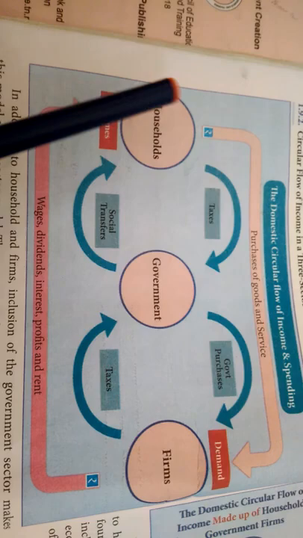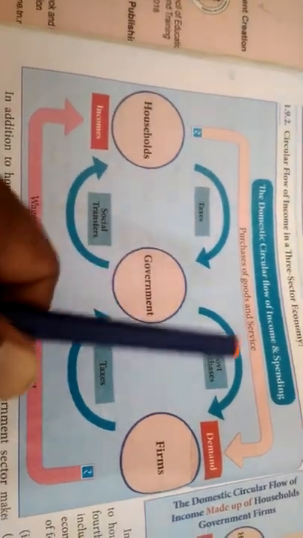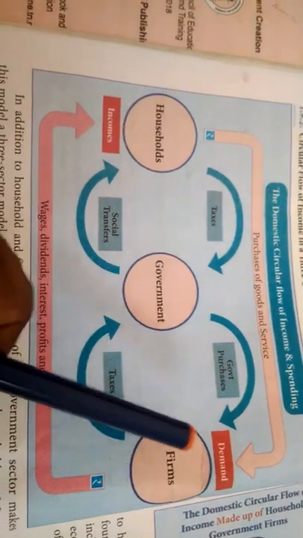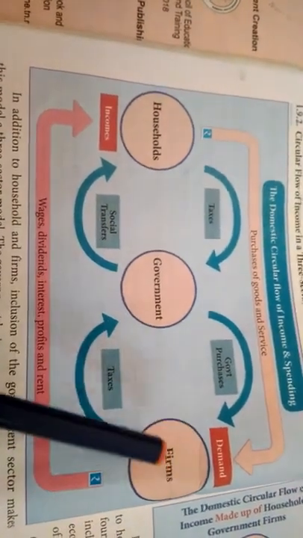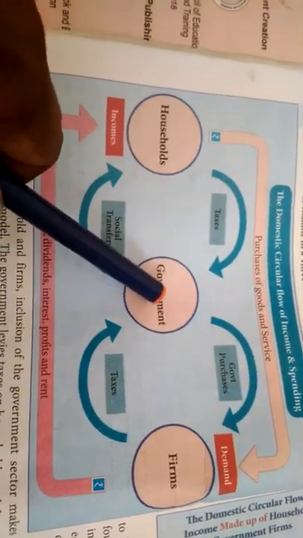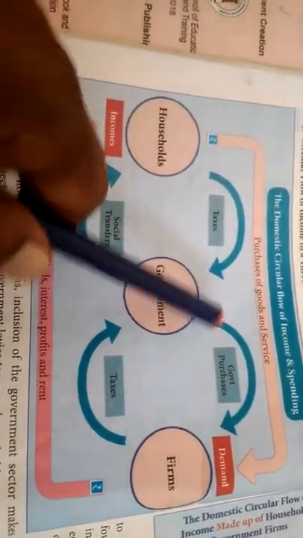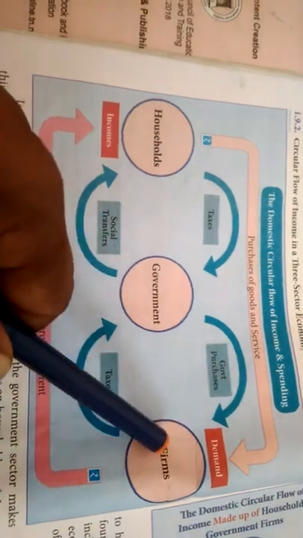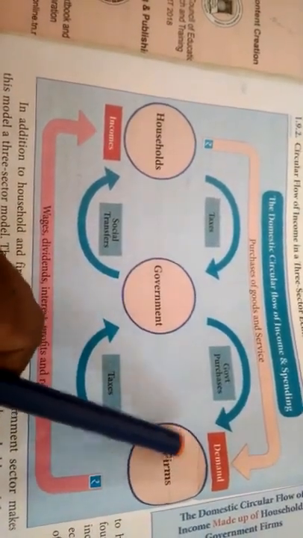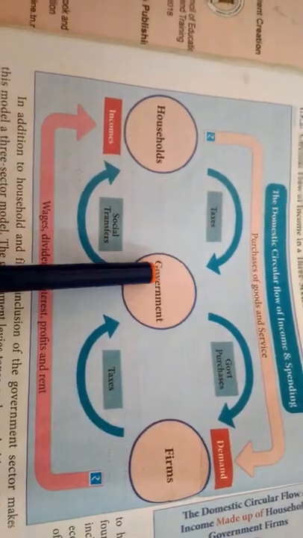Like the household sector, the government also needs to purchase the commodities produced by the farms. For that, the farms also pay some taxes to the government. When the government purchases the commodities, it has to pay the price for the commodity separately.